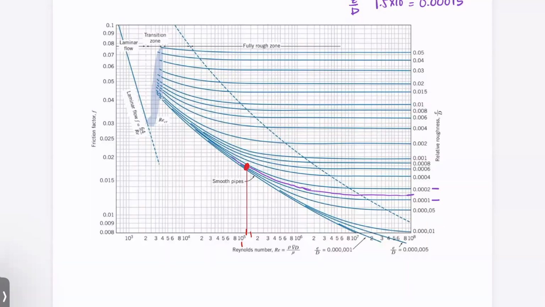I'm going to take this intersection point and move it over to here. So we find that our friction factor is roughly 0.017. As long as you show your work and are roughly reasonable about this, I'm flexible. Like if you said 0.018 or something, that's fine.